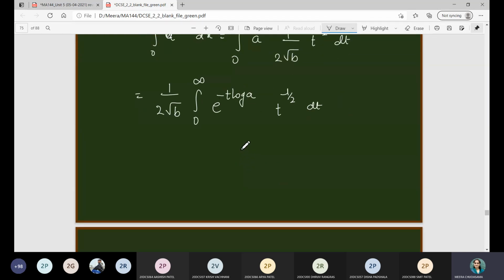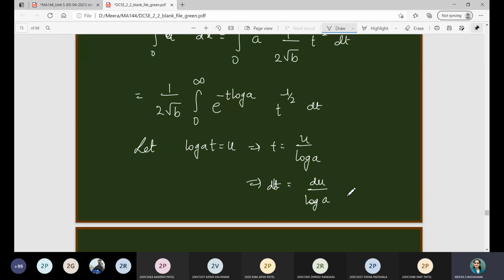So what substitution do we have to take now? Log a into t as u. Don't forget the t variable. So implies t will be u upon log a, so that dt is equal to du upon log a. a is a constant quantity, so log a is also a constant quantity.